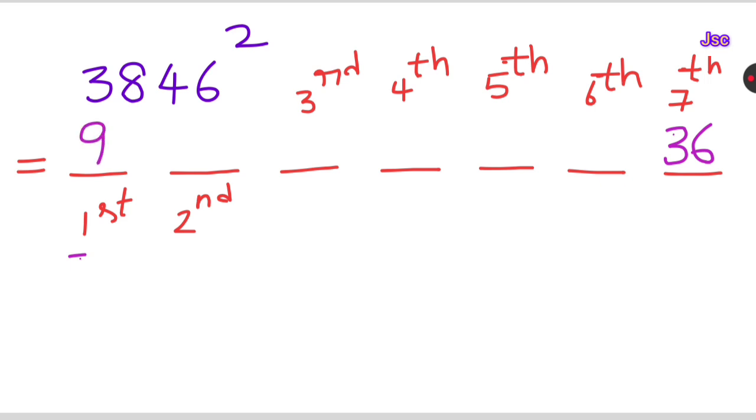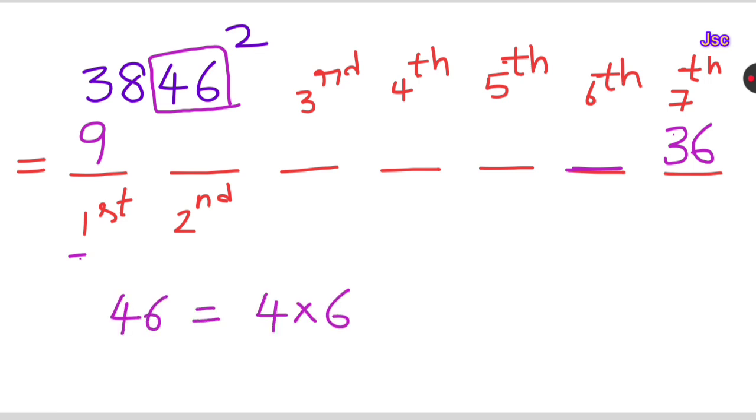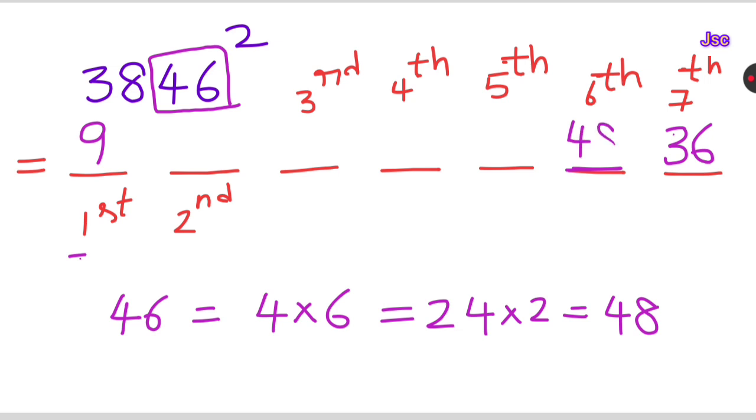Now we are doing the 6th position. For that you have to take the last 2 digits, which is 46. What you have to do is multiply the tens digit by the unit digit, which gives 24, and then double it. That is 48. Just write that number in the 6th position.